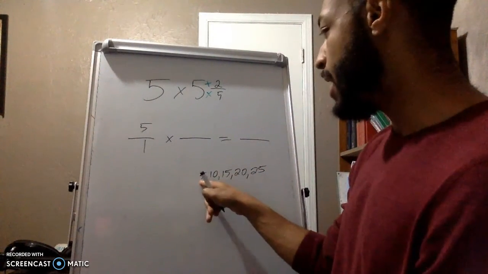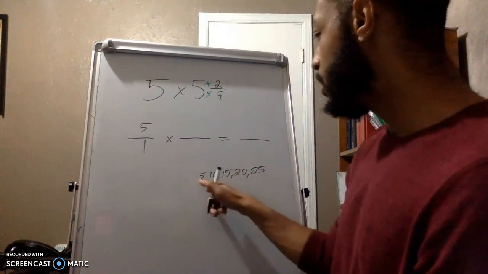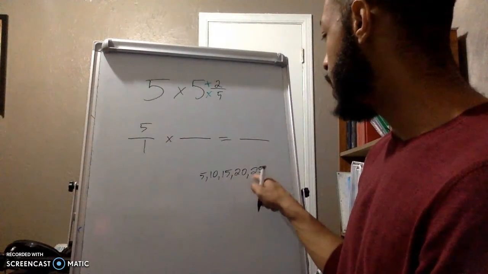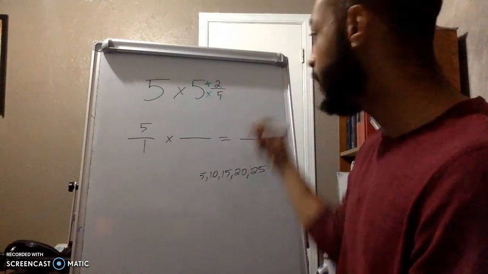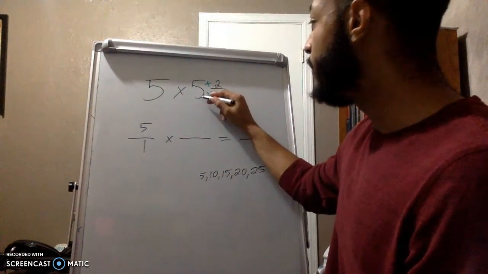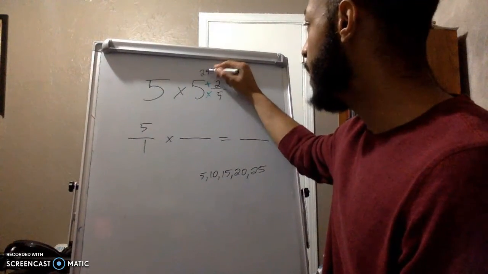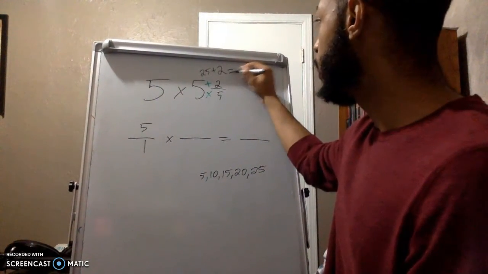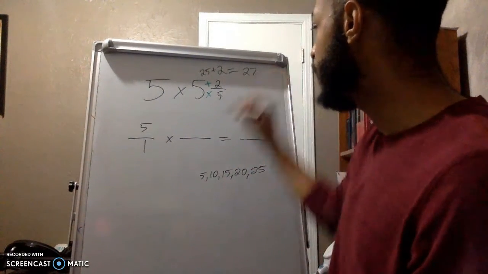I counted 5 times, so 1, 2, 3, 4, 5. Yeah, so 5 times 5 is going to be 25. And now I'm going to add the numerator, like we said earlier, plus 2 to make 27.